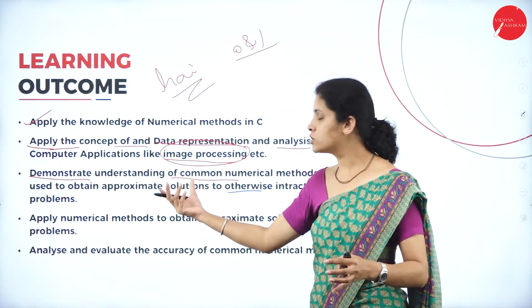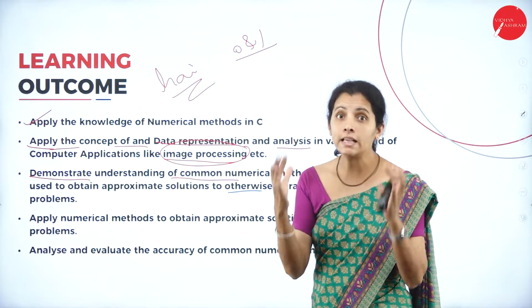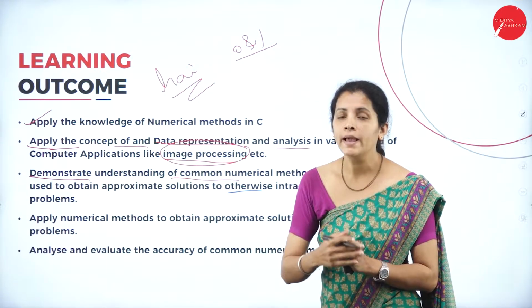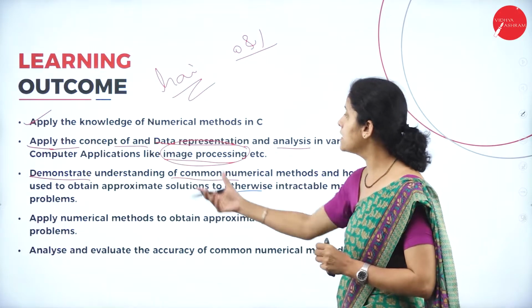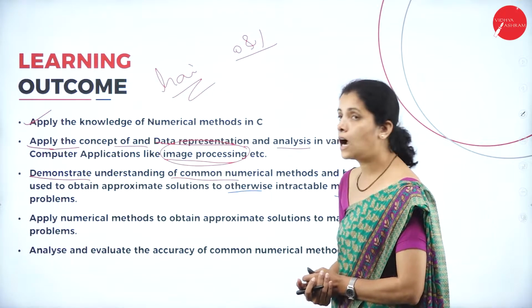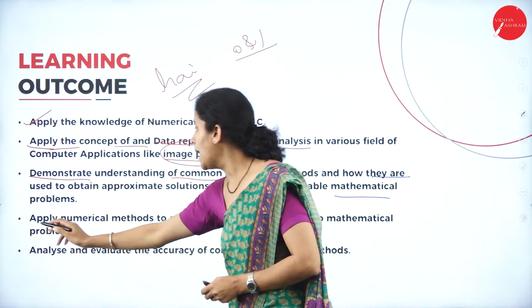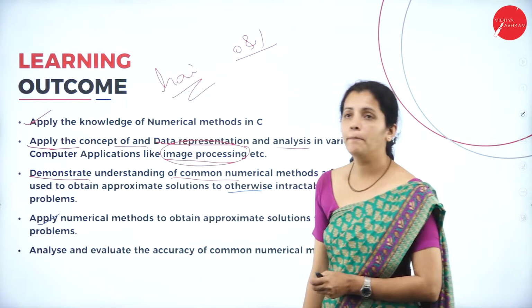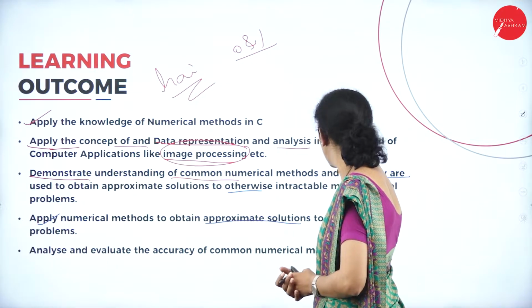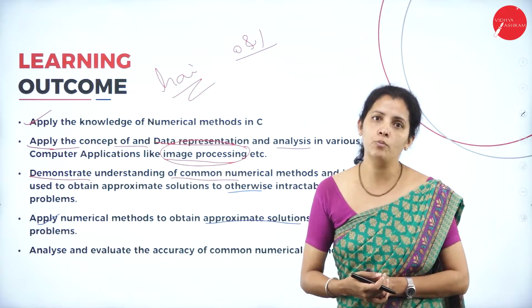So what is approximate? That means it's not the exact solution. That is somewhat nearer to the exact solution. That is an approximate solution. Now the next outcome here is to apply numerical methods to obtain approximate solutions to mathematical problems.